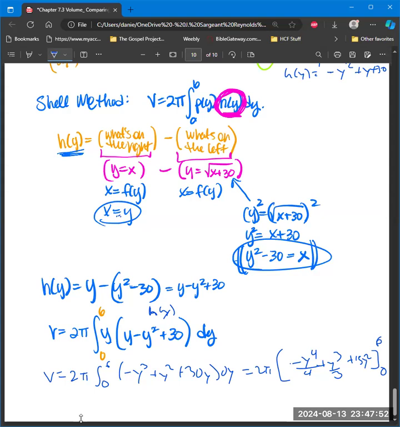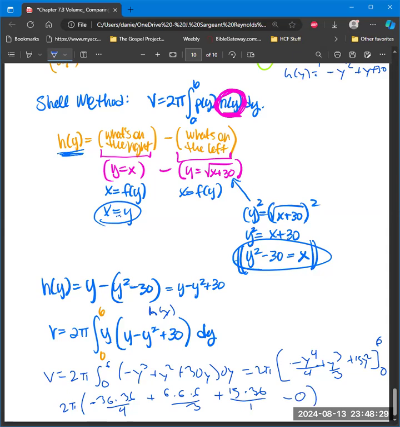So 2 pi times a 36 times 36. Let's just do this. Negative 36 times 36 over 4 plus 6 times 6 times 6 over 3 plus 15 times 36 over 1, and it's all minus 0.